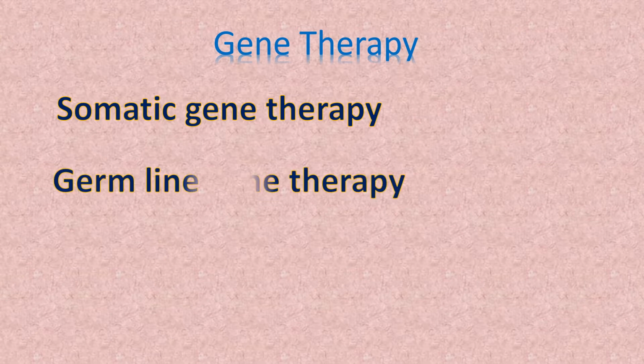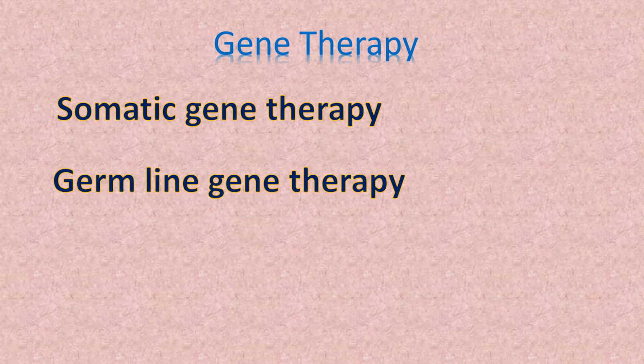Next one, germline gene therapy. In germline gene therapy, the defective gene is replaced in the germ cell. Germ cell means reproductive cell, that is gonads, otherwise called egg or sperm.